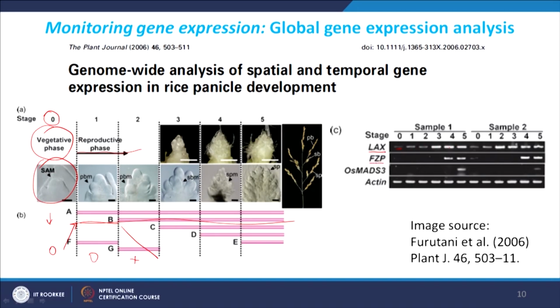Whereas if you take this FGP, which is frizzy panicle, the expression starts or activates only from stage 4 onwards and continues in stage 5. It is not present in the early stage, whereas this MATS3 is getting activated in stage 5. So this is how microarray was extremely useful in studying this kind of genome wide differential expression analysis.